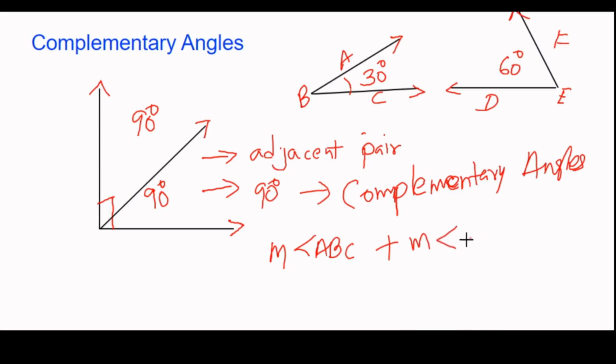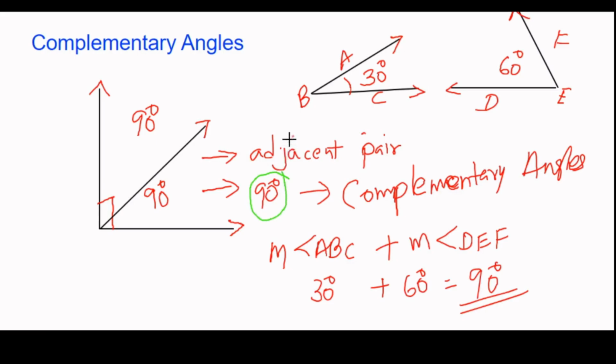So in such a situation we will say angle ABC and angle DEF are complementary angles, because they are a pair of angles where the sum is equal to a right angle or 90 degrees. So this is also a set of complementary angles.